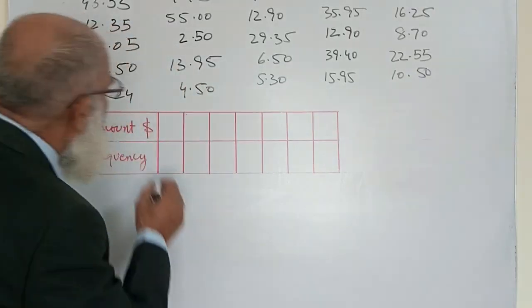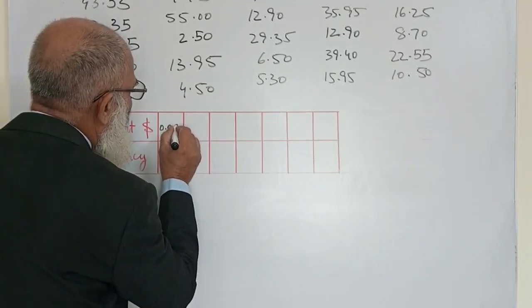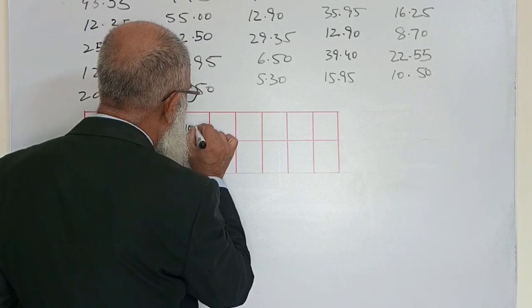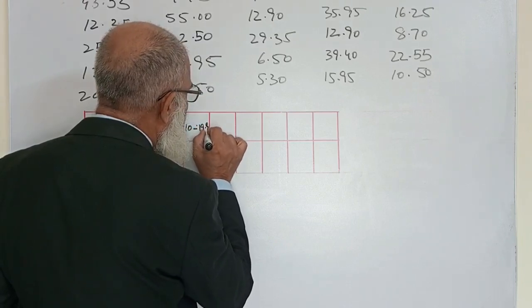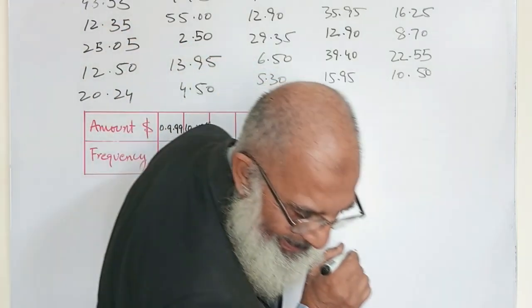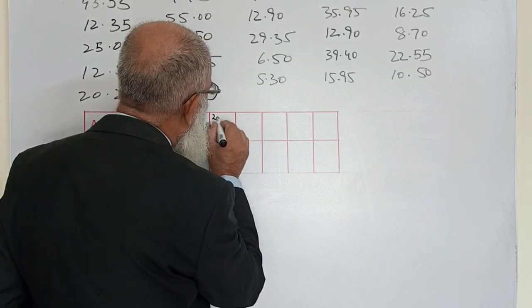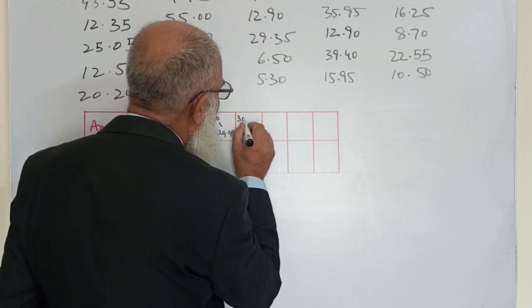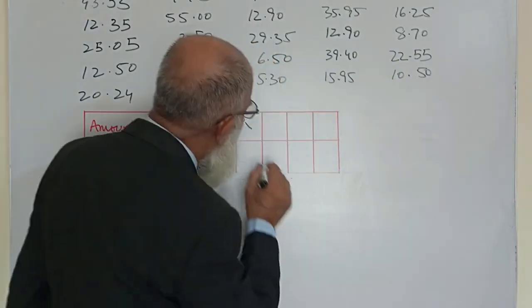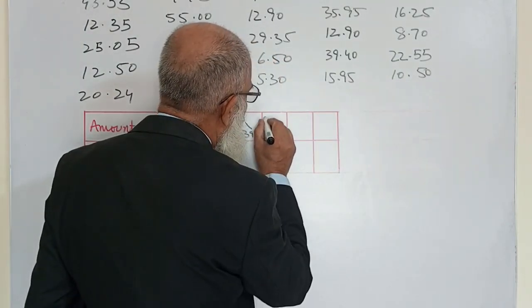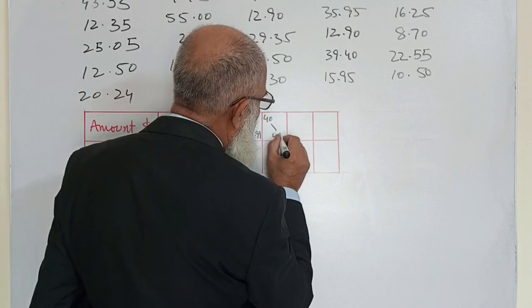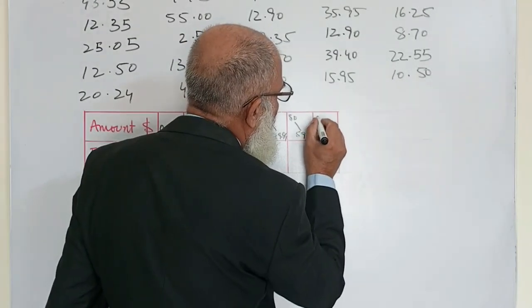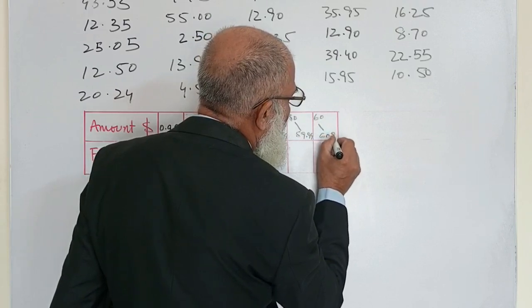Now grouped data is given: 0 to 9.99, 10 to 19.99, 20 to 29.99, 30 to 39.99, 40 to 49.99, 50 to 59.99, 60 to 69.99.